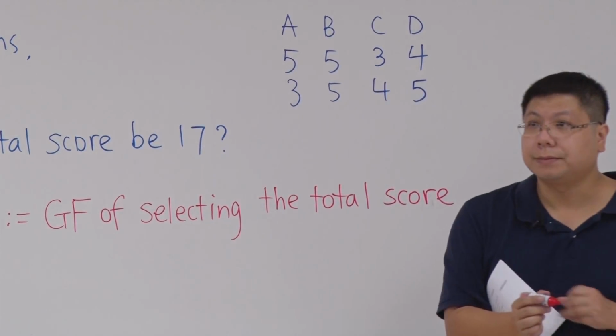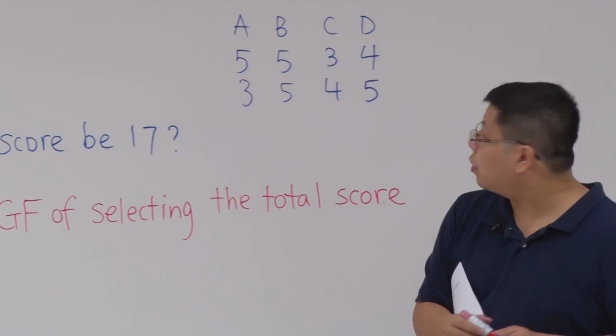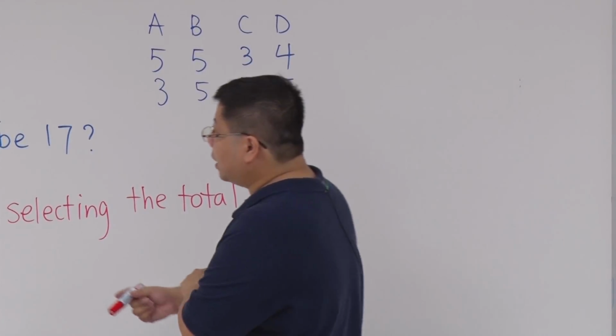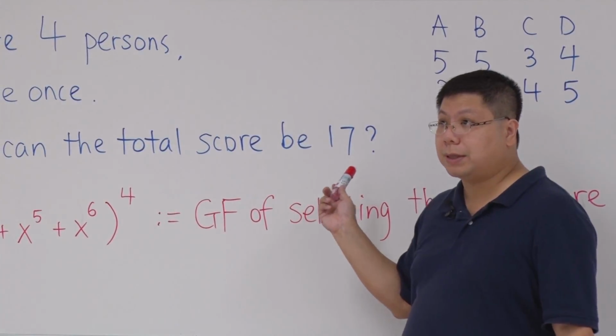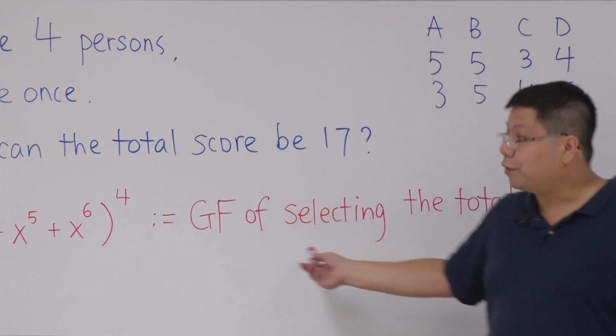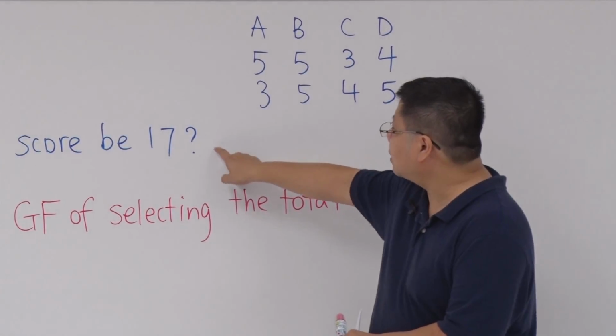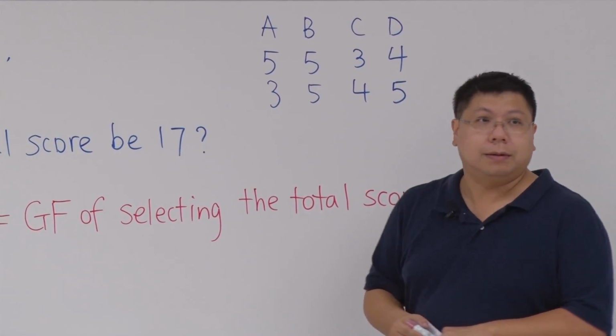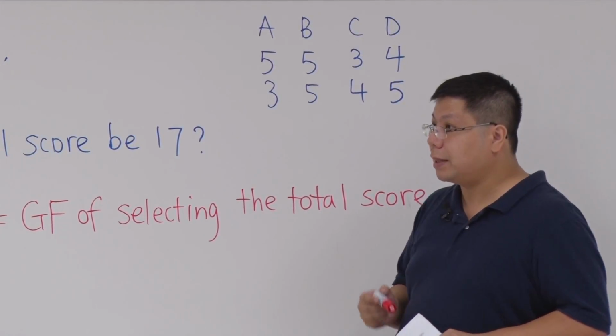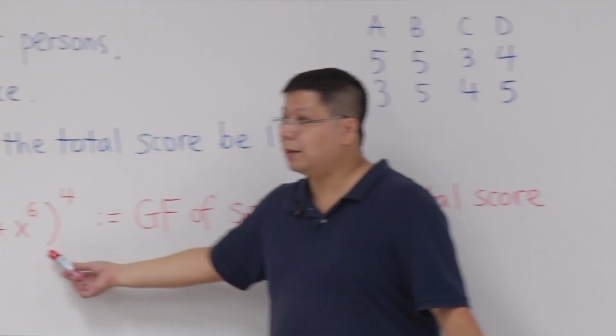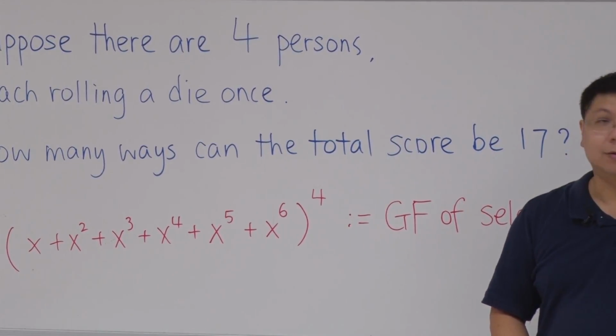Is that okay? And then to solve our problem, we want to find out how many ways can the total score be 17. So we want to find out what? So here, the answer of this one is the coefficient of x to the power 17 in this thing. Is that okay? Okay.